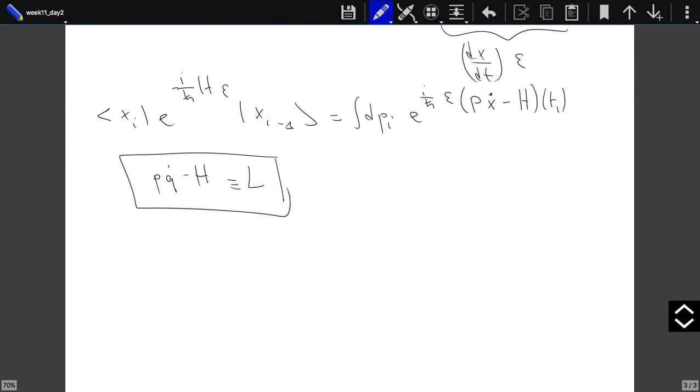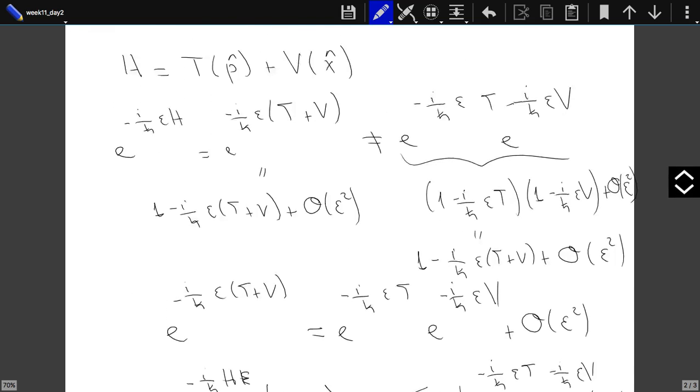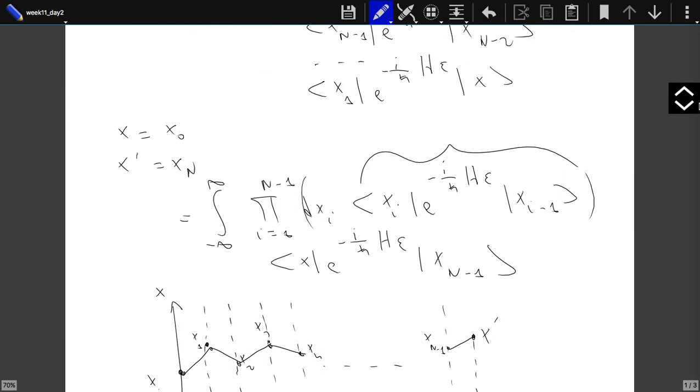So now we can just go back to our expression. This one. I can just put all those matrix elements over there.